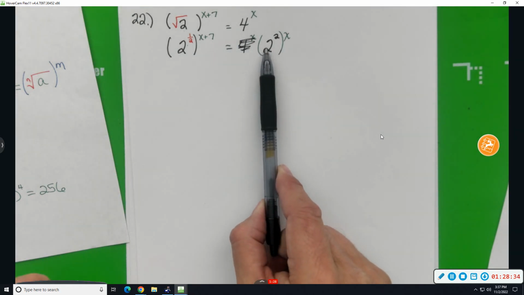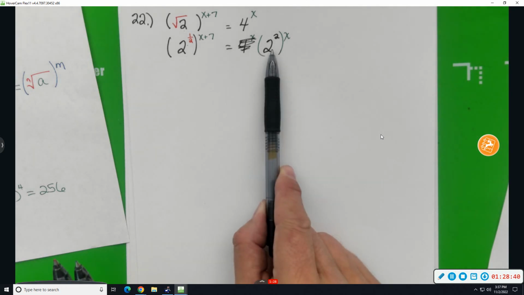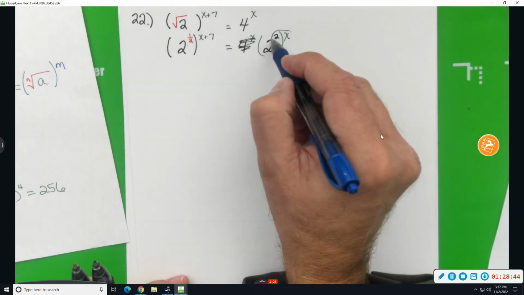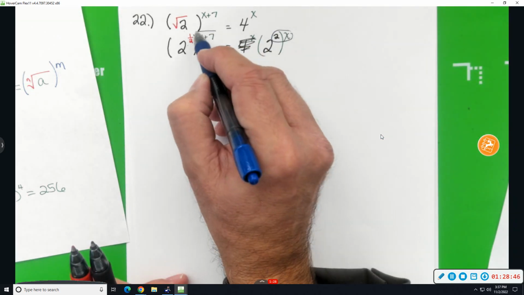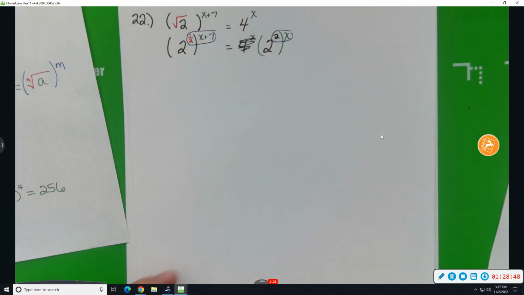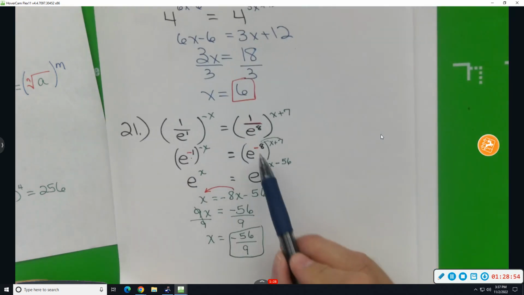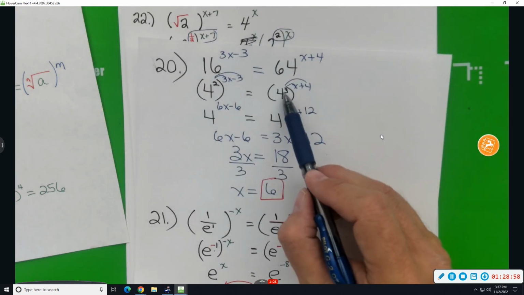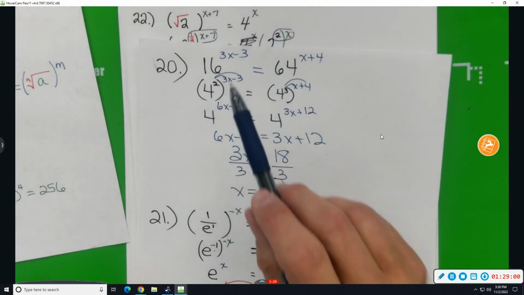Are y'all caught up with me? Power raised to a power, what are you going to do on both sides? We normally multiply those. Like over here, we distribute the negative 8. Over here, distribute the 3, distribute the 2.